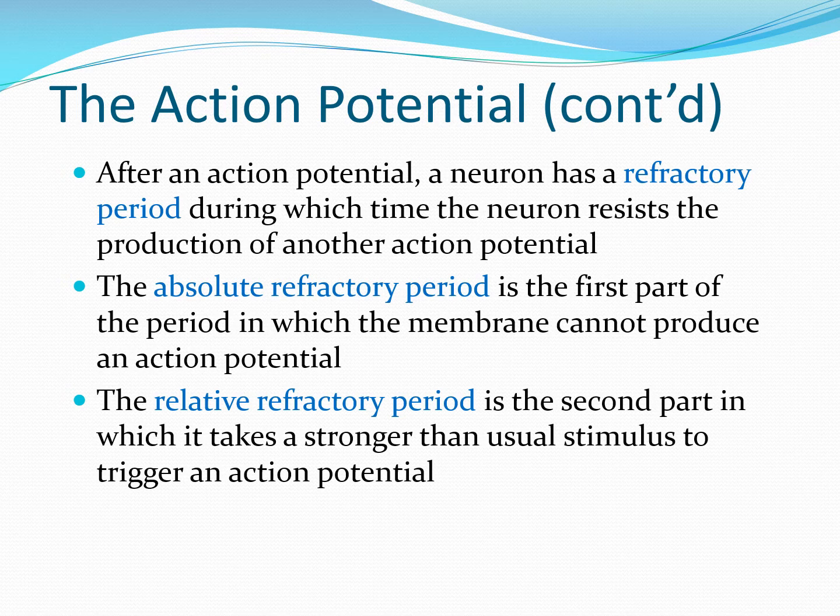The relative refractory period is the second part of this, where it just takes a stronger than usual stimulus to trigger an action potential, which is how we get into that potentially having damage, because this relative refractory period allows those neurons to fire really too quickly for themselves. If there's a kind of a stroke or some kind of constant stimulation.